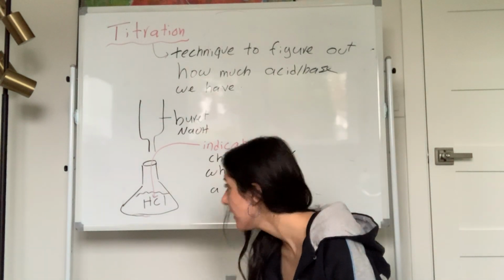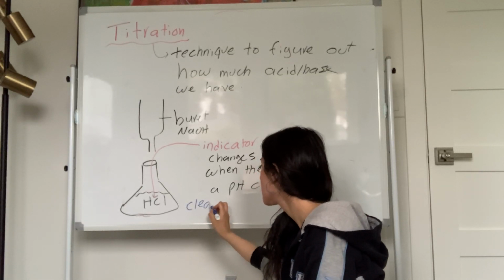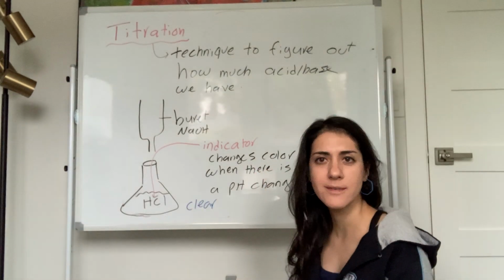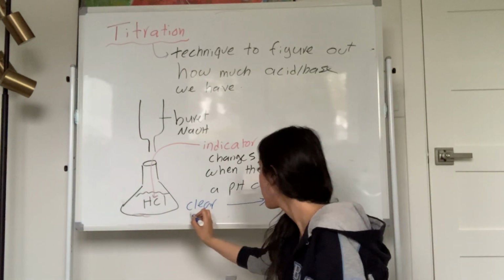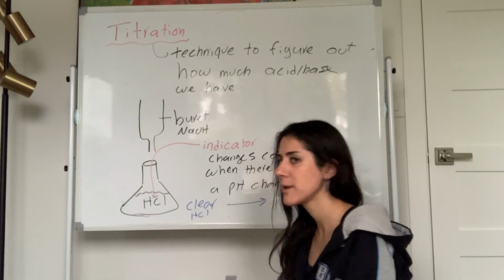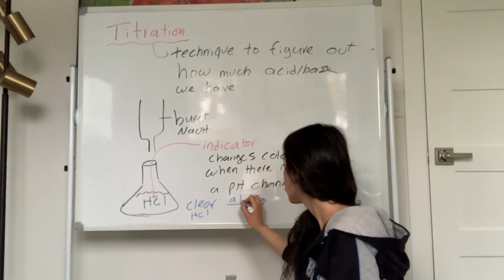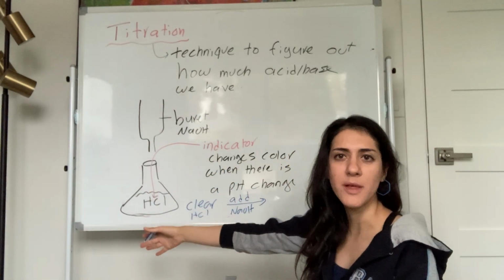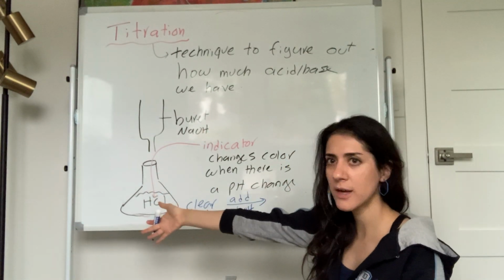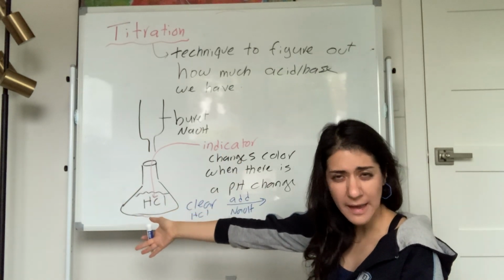At the beginning, HCl is going to be a clear, colorless solution. And what I'm going to do is add sodium hydroxide to it, and nothing happens. I keep adding sodium hydroxide, and nothing happens.